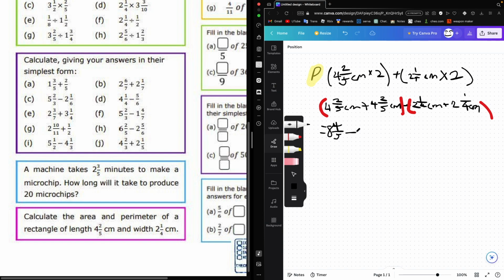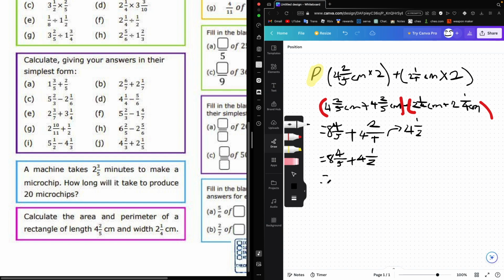Easy. Plus 2 plus 2, 4, 1 plus 1, 2 over 4. We simplify this into 4 and 1 over 2.